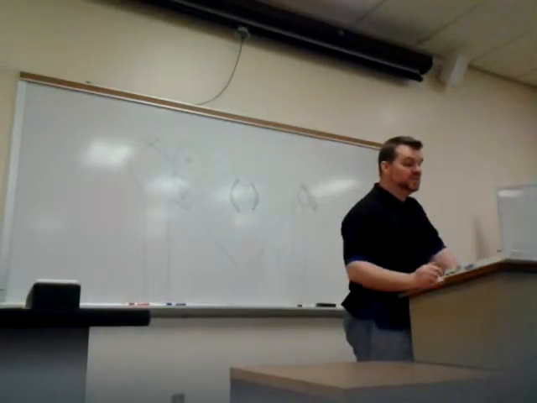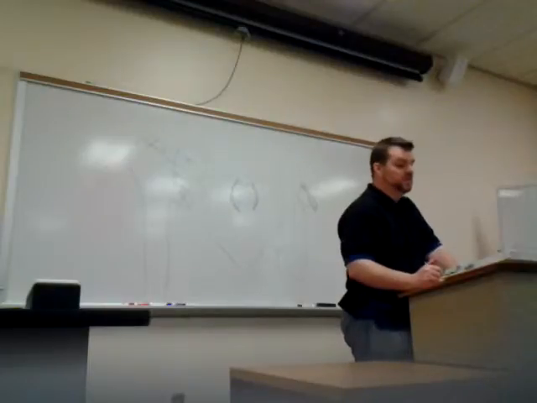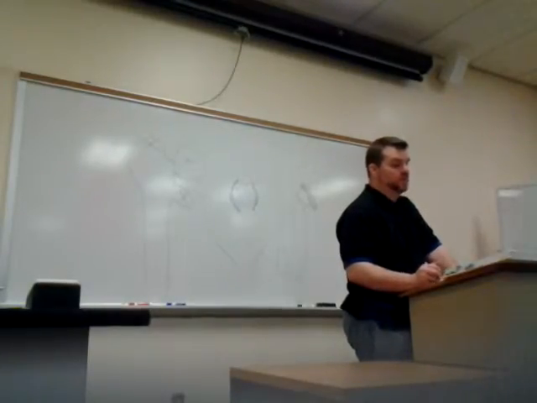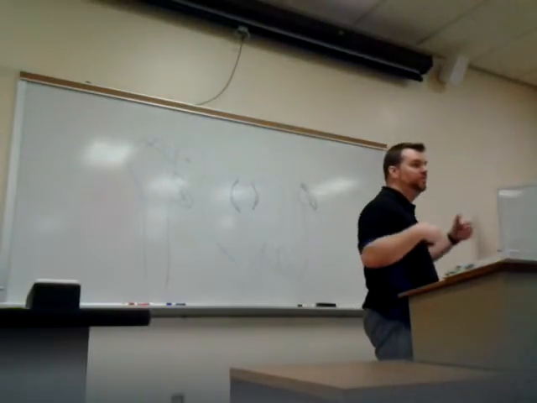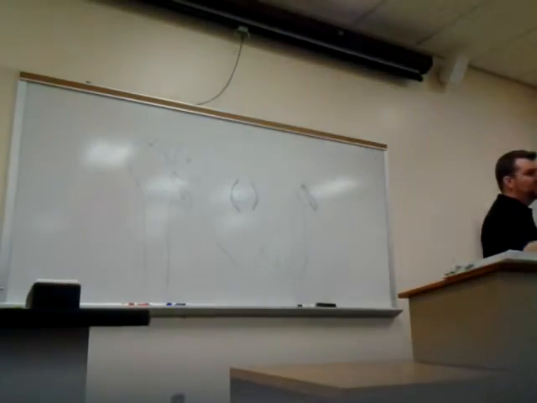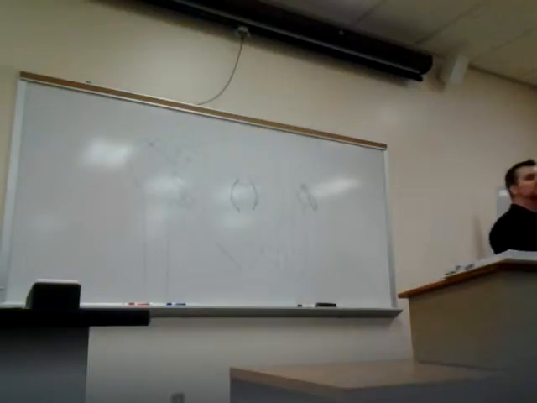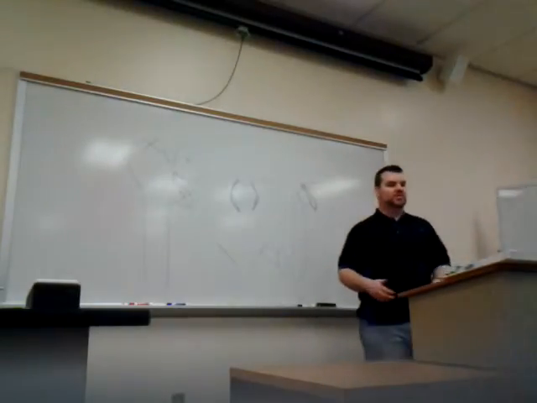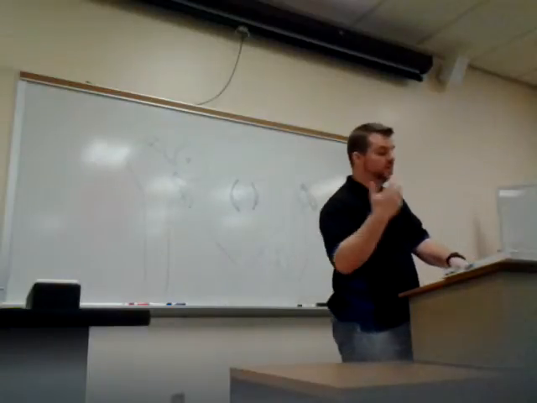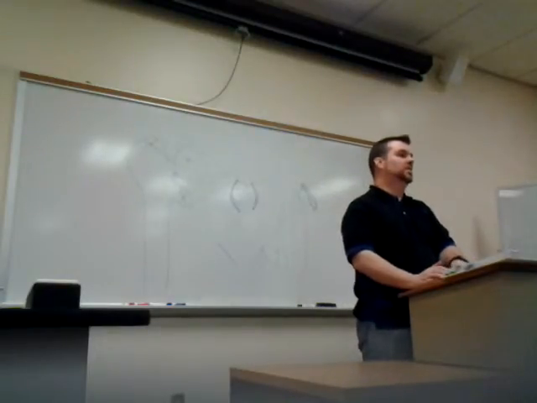Your cartilaginous, you're going to find where? Vertebrae, your ribs, and your pubic symphysis. And your diarthrotic, that's going to be mostly anything that you move: arms, fingers, legs, knees. Those are all going to be your diarthrotic, and most all of them are going to be synovial.